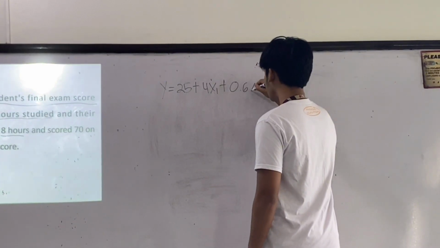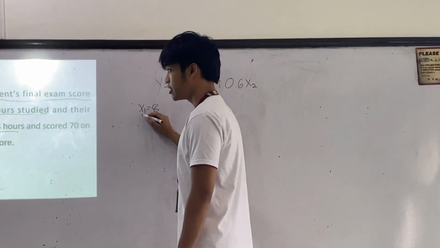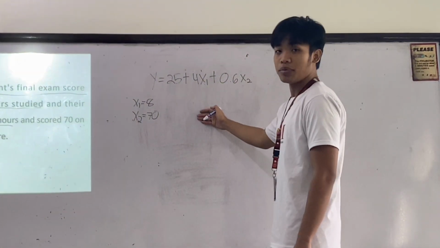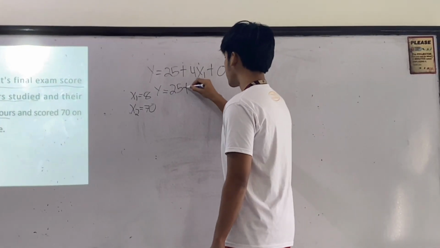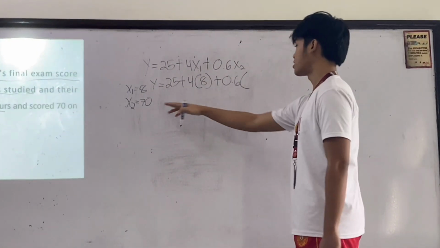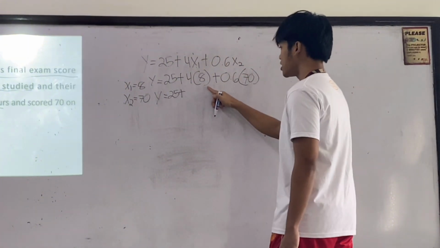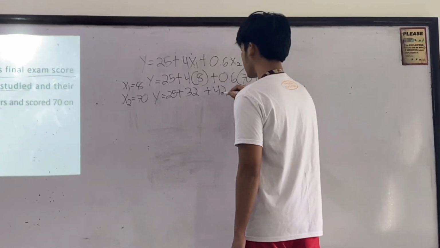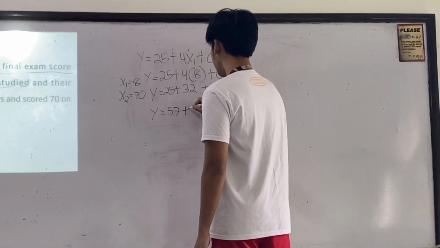plus 0.6x sub 2. So the x sub 1 or the first independent variable 57 plus 42.